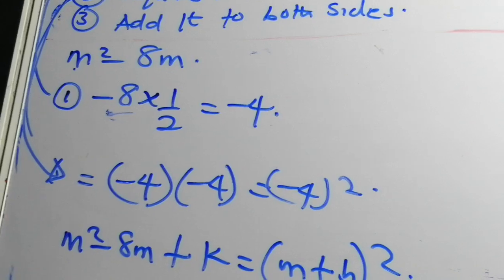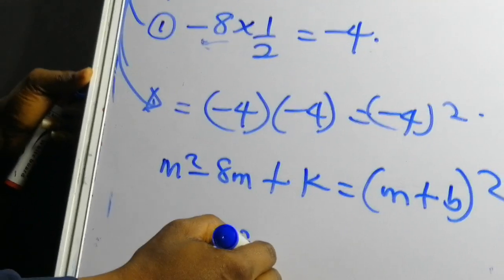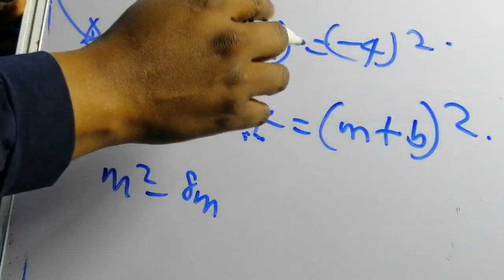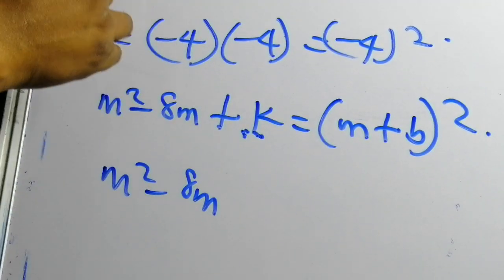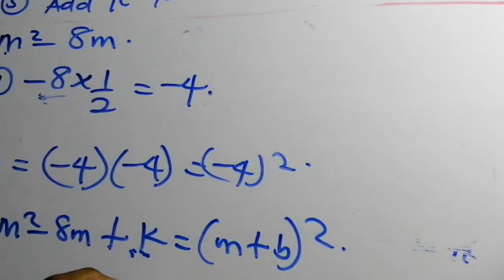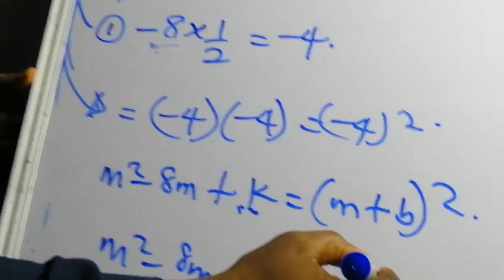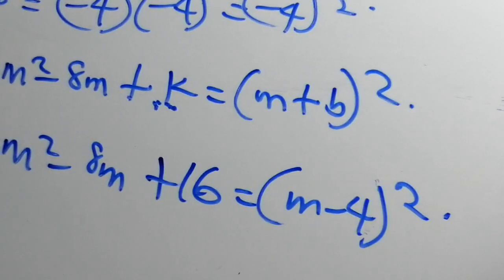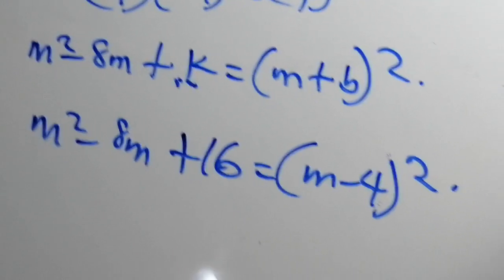So at the end of the day, I will have m squared minus 8m. If you look at it very well, what is my k? It is minus 4 squared, which is 16, and that is still the same thing.